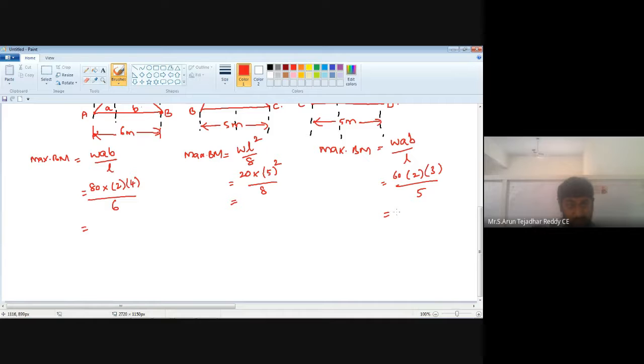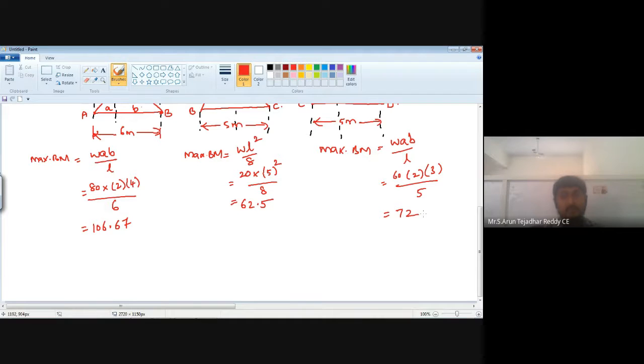Now, coming to the first maximum bending moment diagram here, 106.67. The second one, BC, 62.5. The third one, CD, is 72 kilonewton meter.